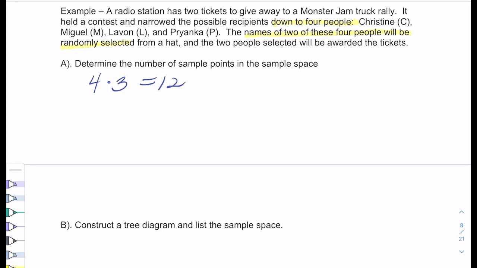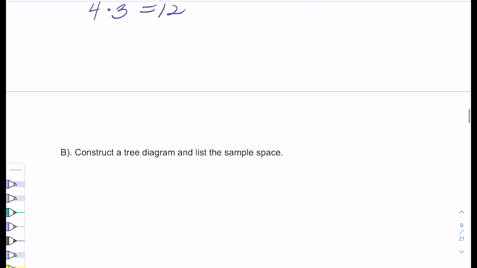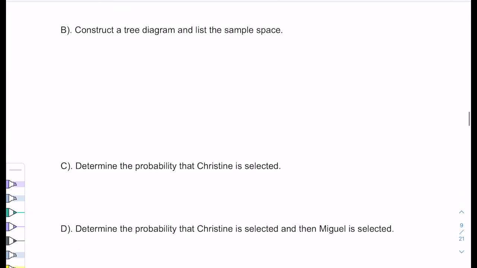Okay, now what does that look like visually? Let's take a look at the sample space and the sample points. So if you visualize this, we've got Christine, Miguel, Lavan, and Priyanka, and that's for my first selection. So I'm going to choose one of those, and I'm going to have 3 names left.